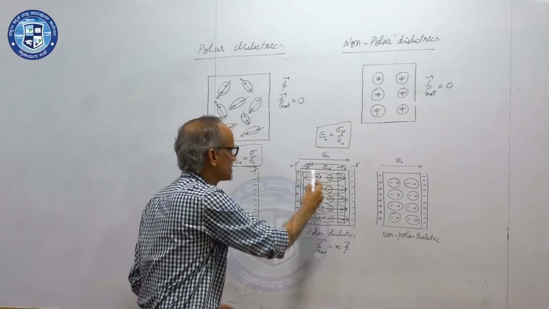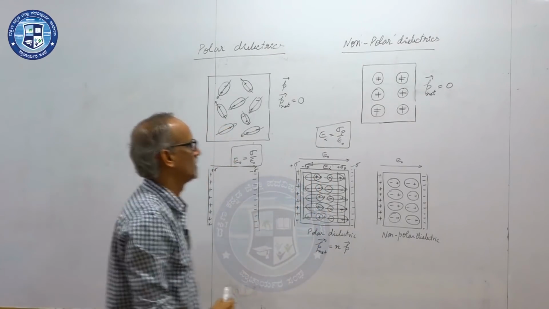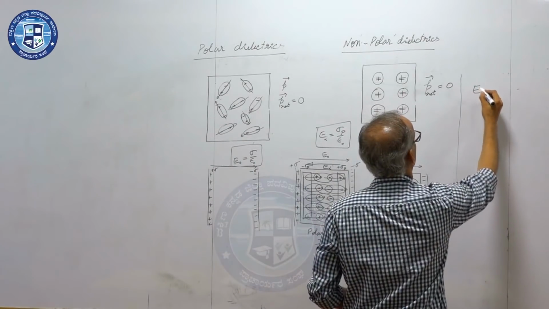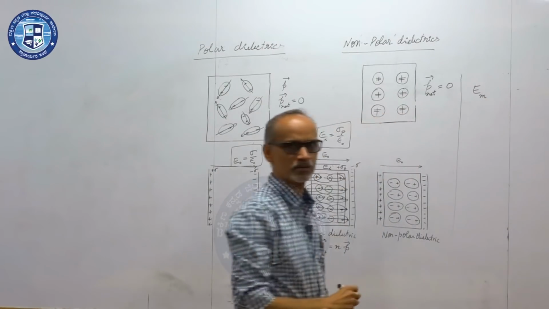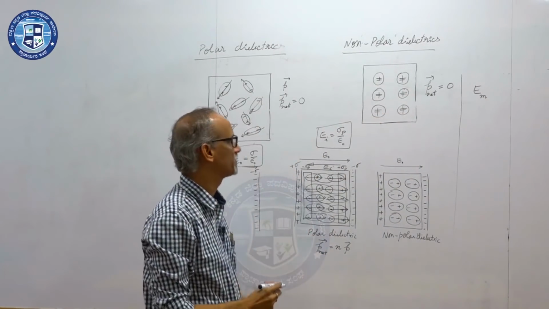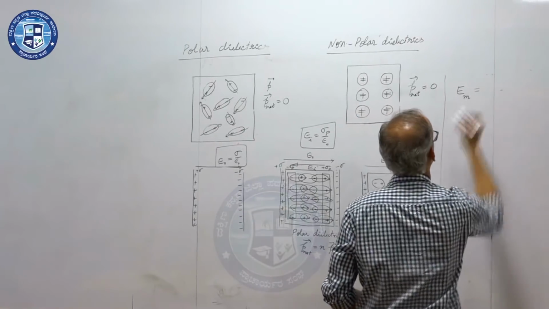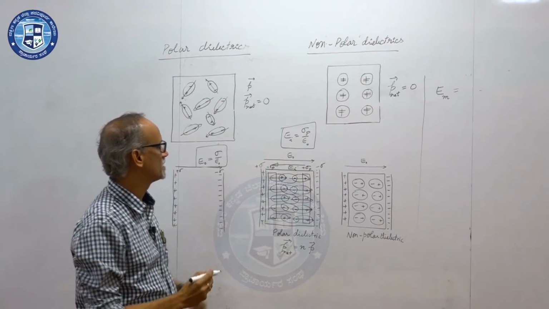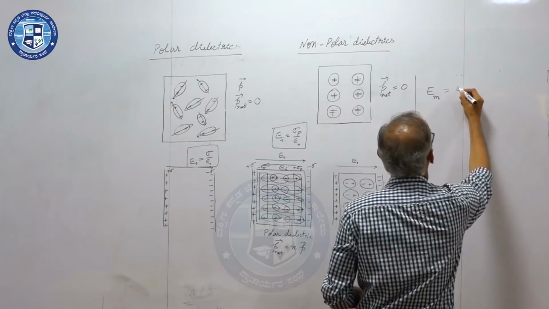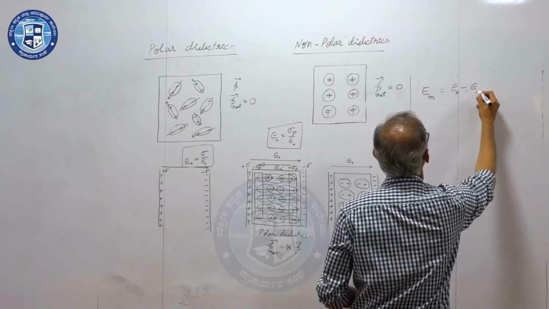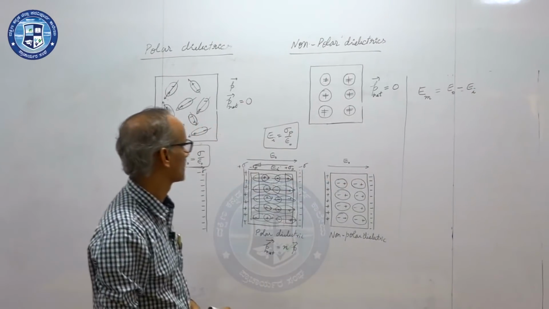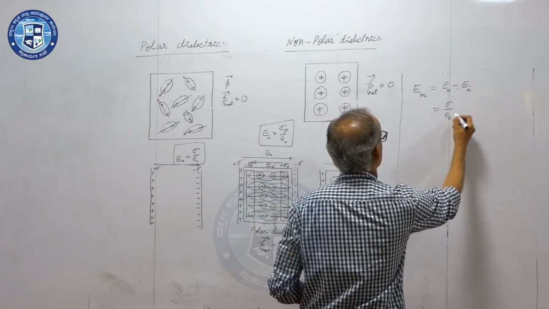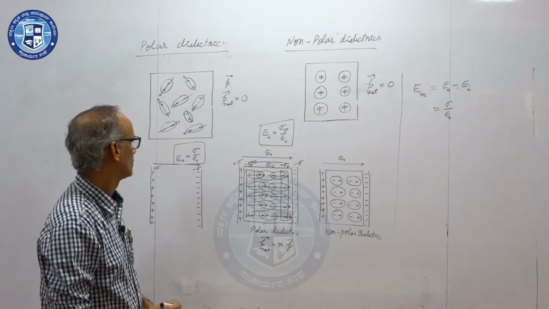Since these two fields are in opposite directions, the resultant electric field, E suffix m, in the presence of a dielectric medium is equal to the net electric field, and since the angle between them is 180 degrees, it is E naught minus E I. What is E naught? It is sigma by epsilon naught. What is E I?